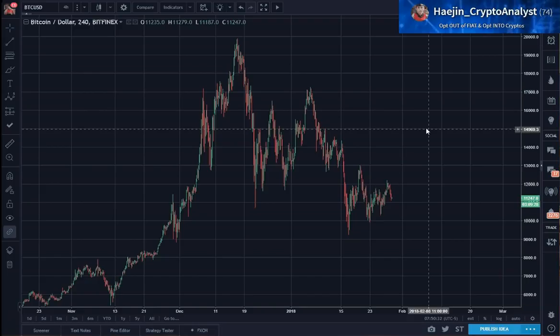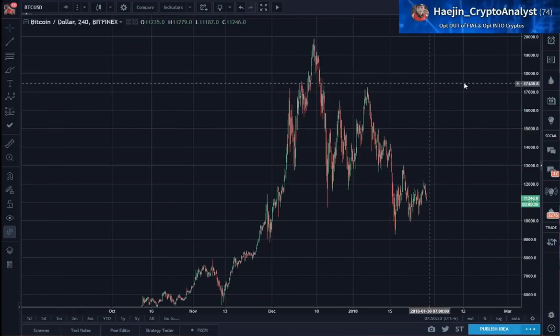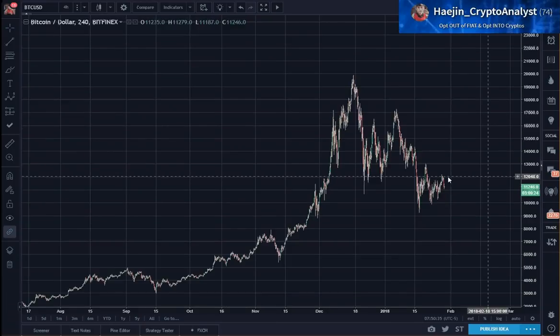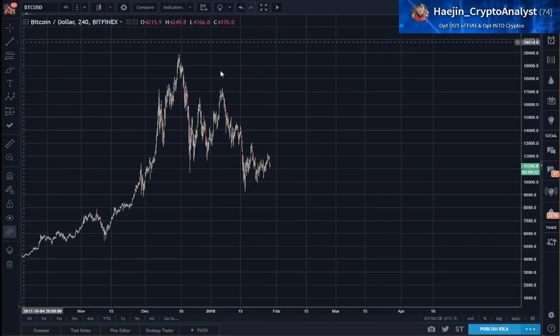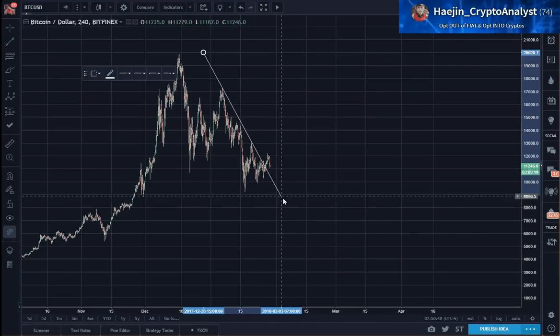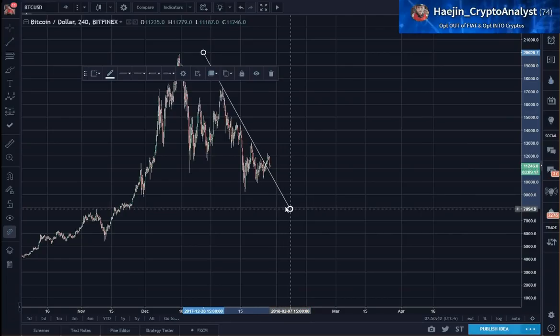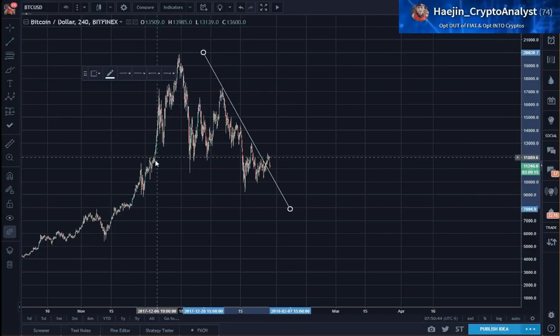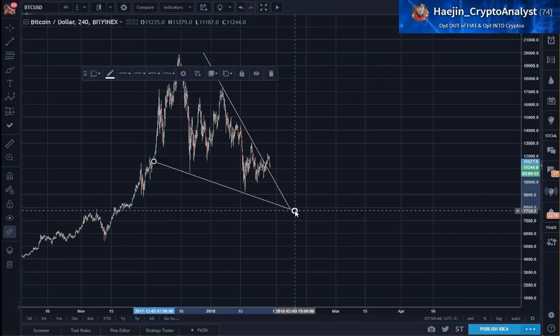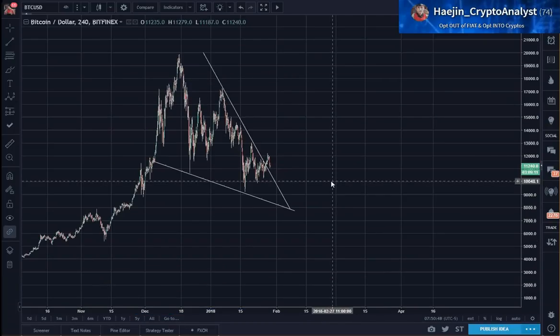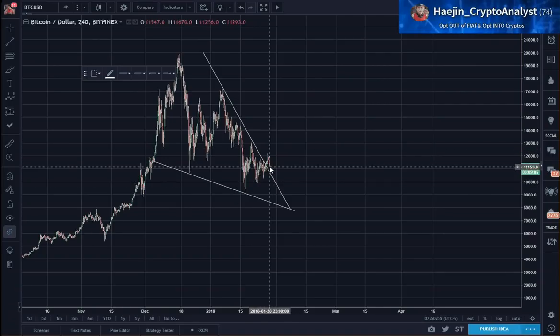If we go back, return to our wedge pattern, if the price returns inwards, and I would prefer this.